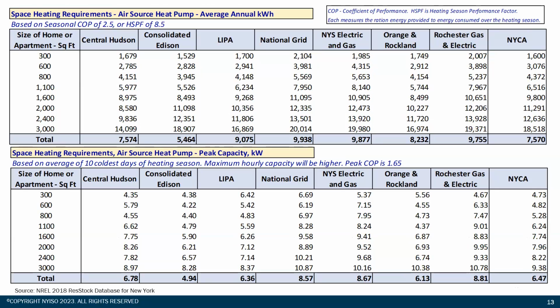And you're going to need a kilowatt peak demand capacity of about 6.5 to 7 kilowatts on average. That's what the compressor load would be. And that should be the equivalent. If you had the average usage, this is what your heat pump would do.